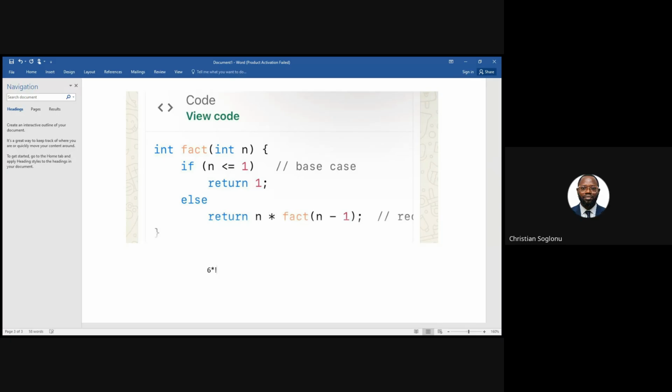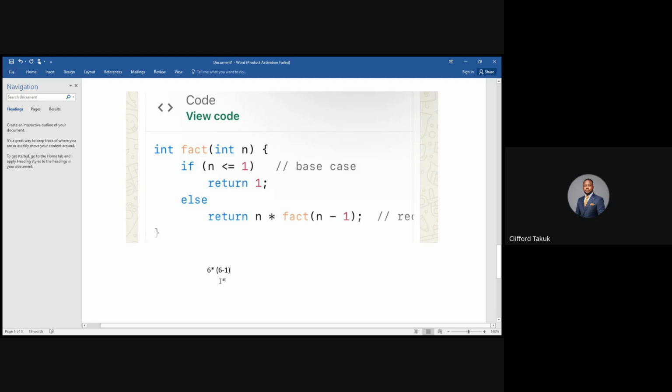So it will be in brackets 6 times, and remove the factorial there. 6 minus 1, brackets close. Now 6 minus 1 gives us 5, right?